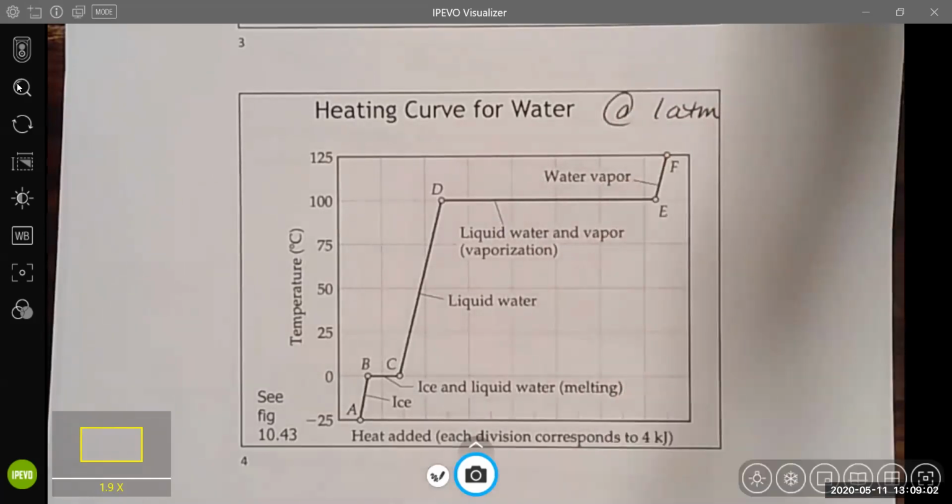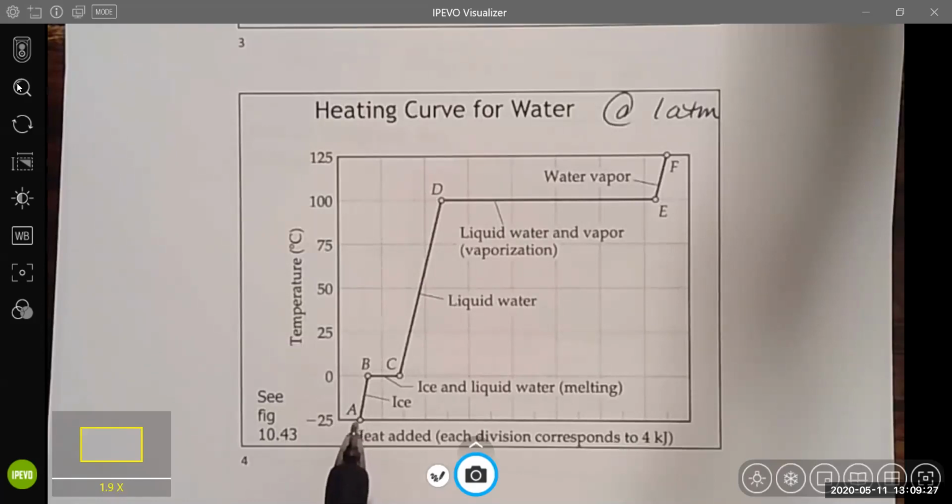So we're just doing this in the open, in a lab or in a kitchen or something like that. So the pressure is approximately 1 atmosphere. So at negative 25, we're going to have ice, because the freezing point of water is 0, and the melting point is 0. So point A represents some ice.